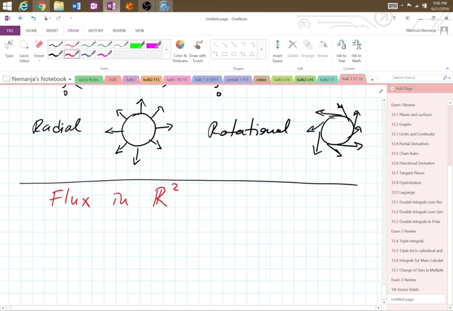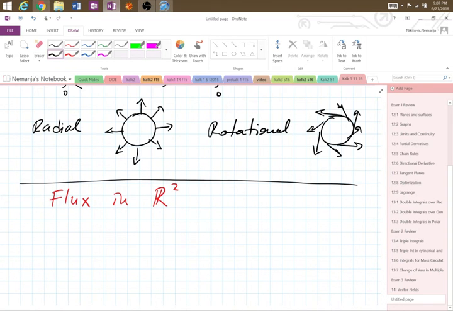That's what the flux is computing. So now we're going to take a look at the formula for it. As I said, it's going to be the vector field dotted with the normal vector n, because we want to see all of the stuff that is perpendicular coming out of the surface that we are looking at.